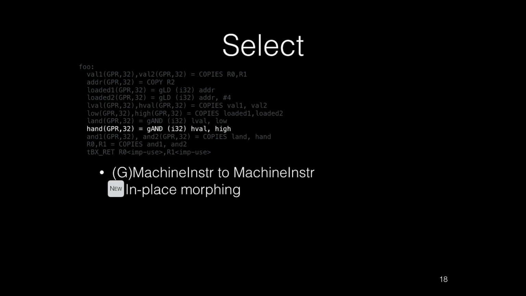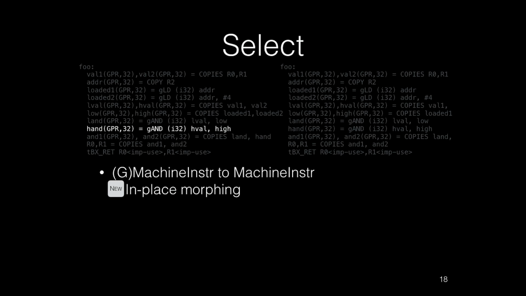So let's take this generic AND, for instance, and the selection process is just about changing the opcode. The interesting thing about it is that if you look at the machine instruction representation on the left and on the right, both representations are valid. So again, you can print it, you can run whatever pass you want on it, and it's really easy to debug and work with it.